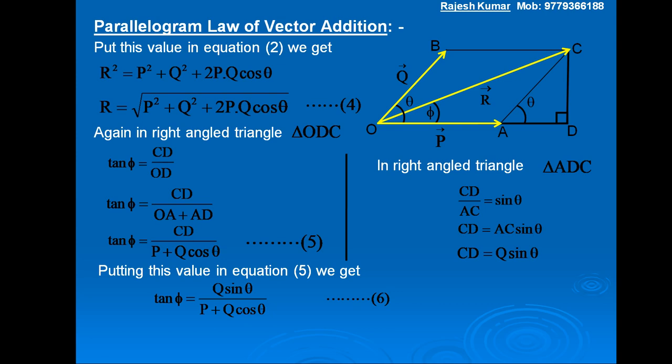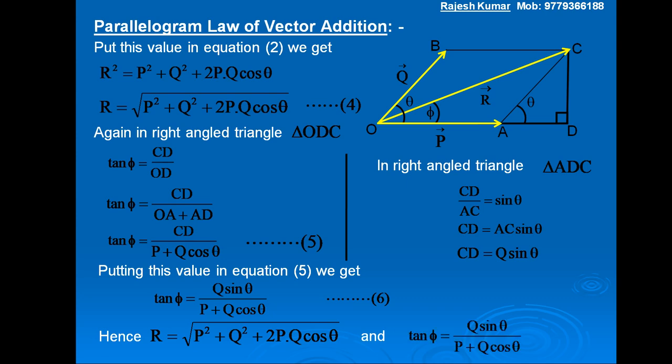So equation number 4 and equation number 6 give the resultant vector of sum of two vectors P and Q. Hence the magnitude of resultant is equal to square root of P square plus Q square plus 2PQ cos theta, and direction is given by angle phi, which is given by tan phi is equal to Q sin theta upon P plus Q cos theta.